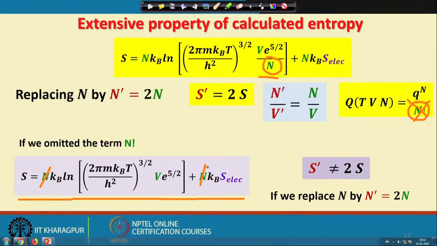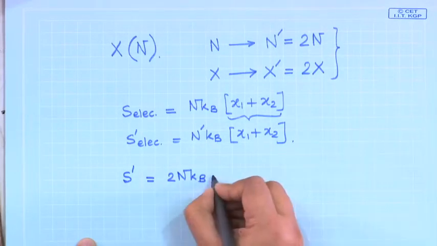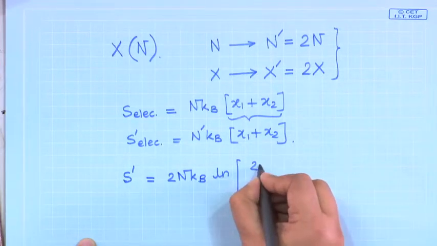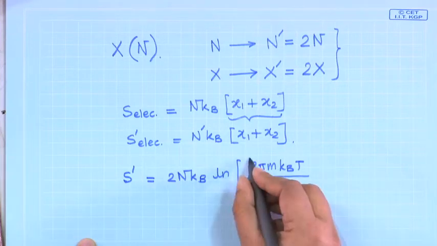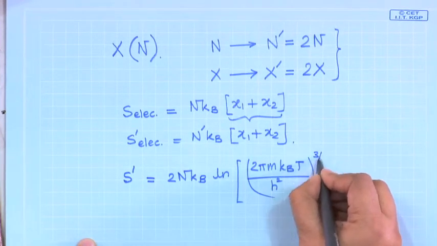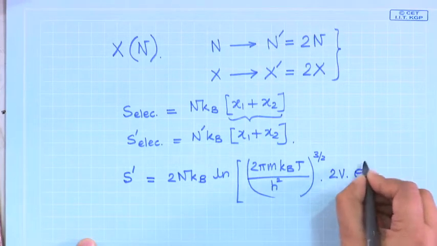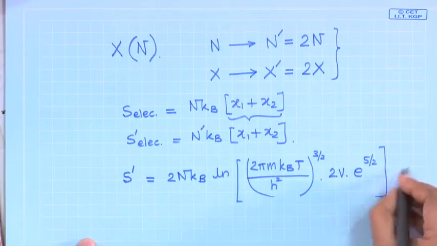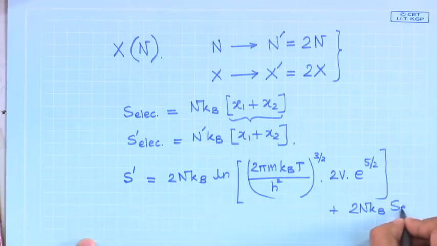Here also you will replace N by 2N and you will replace V by 2V, and then S prime will turn out to be 2N kB ln of (2 pi m kB T by h square) to the power of 3 by 2 into 2V into e to the power of 5 by 2, plus 2N kB S electronic.